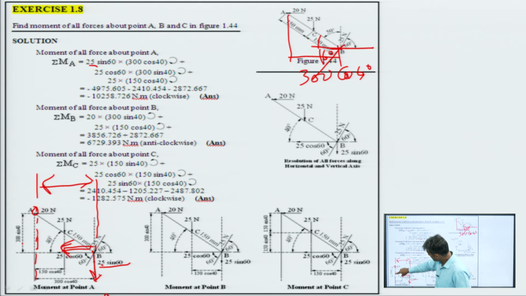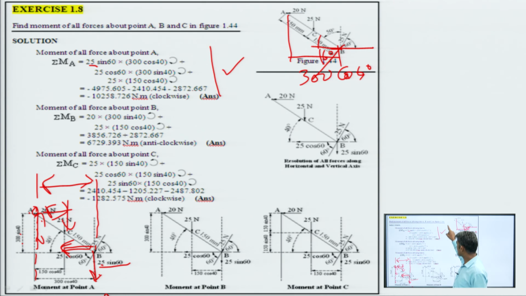The perpendicular distance will be this, and this distance is 300 sin 40. Similarly, for this force, it is acting at this point, so the perpendicular distance will be 0. Another force is acting here, so the perpendicular distance will be this. So by algebraic sum we can calculate the value.